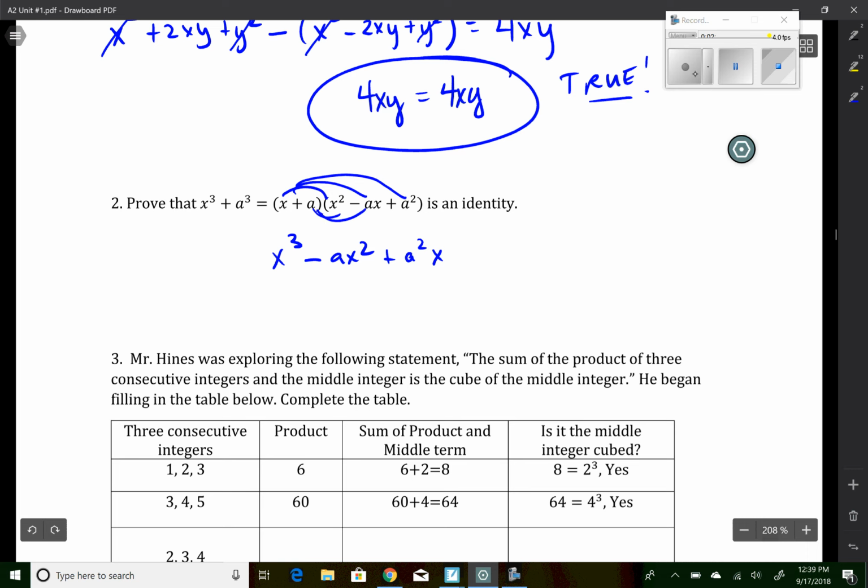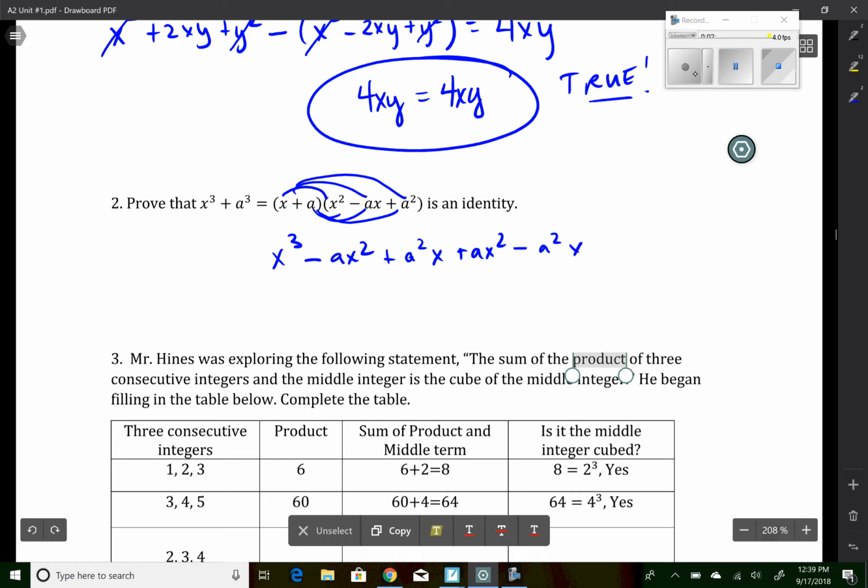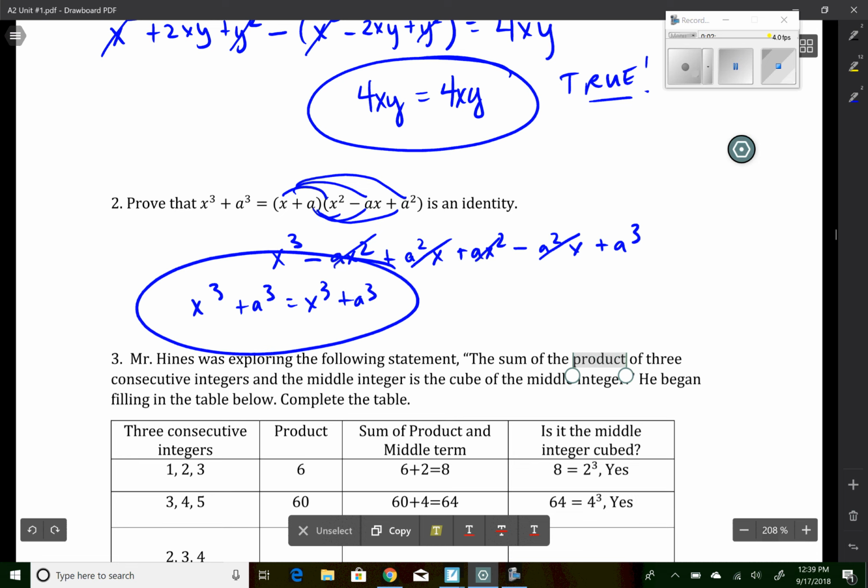Then if we keep doing our distributing, we're going to get plus ax squared, minus a squared x, plus a cubed. If you look, everything in the middle here cancels. So we're left with x cubed plus a cubed equals x cubed plus a cubed.